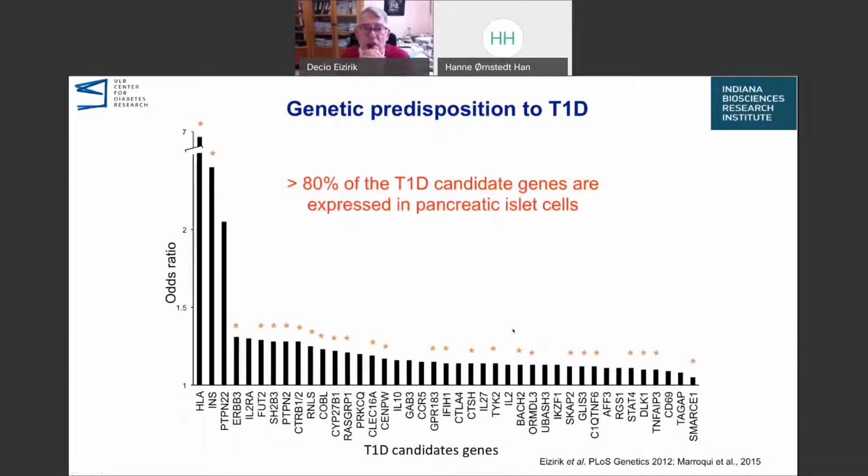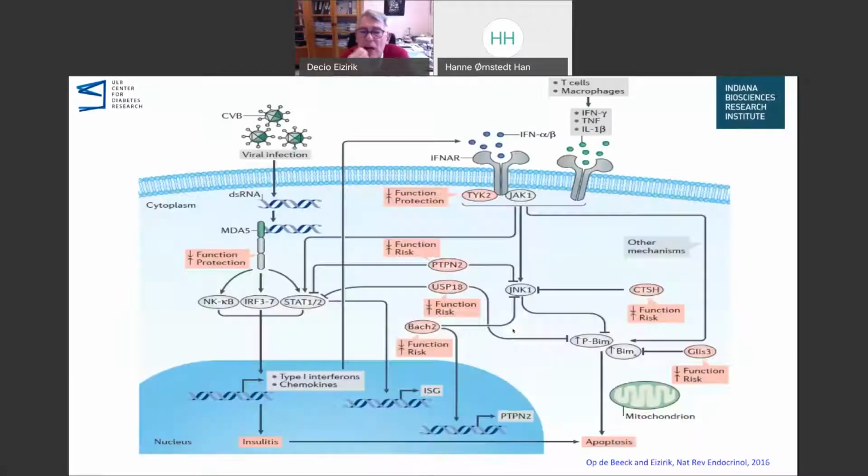what we found is that more than 80% of the candidate genes for type 1 are present in pancreatic islet cells. Since we have so many genes, this allows us to look at which pathways these candidate genes regulate.